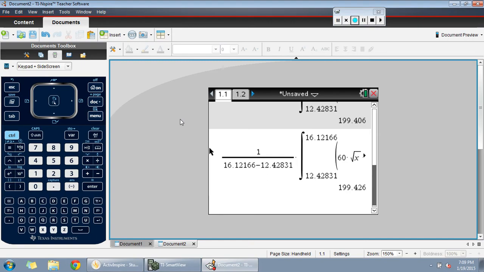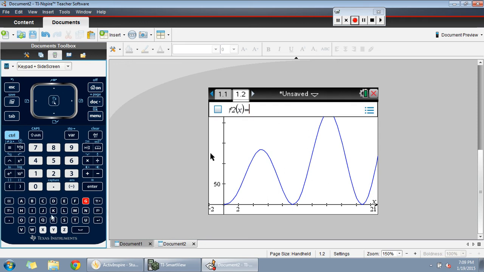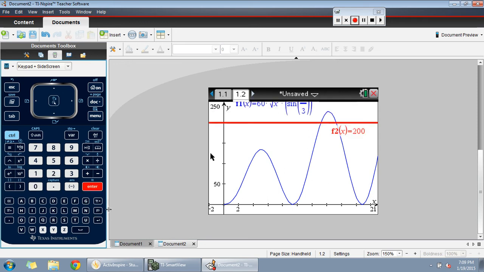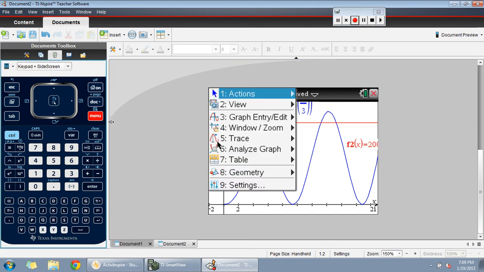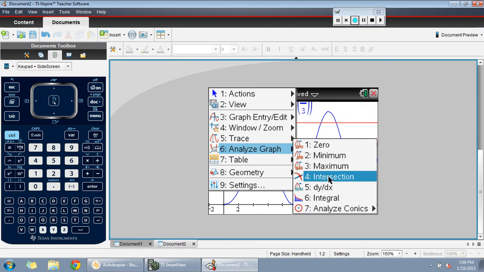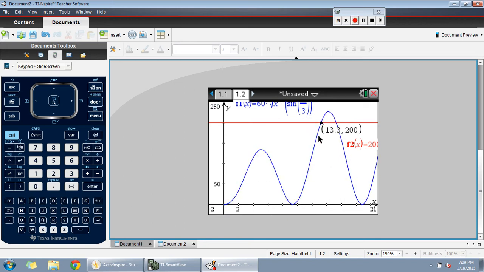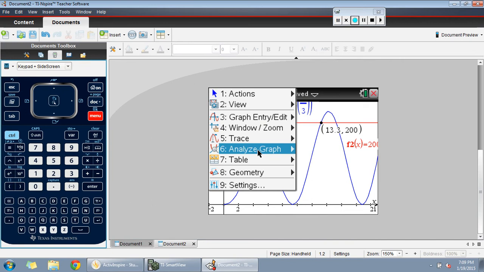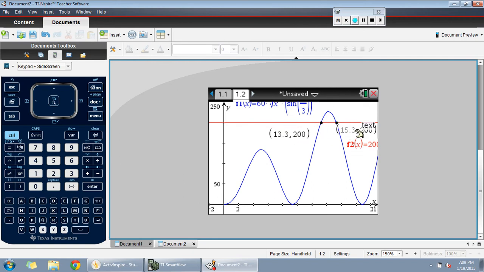So this time I'm going to do it on the Inspire, since I already showed you how to find intersections on the 84. So we've got the graph, and I'm also going to graph 200. Okay, so there we go. So we have a little bit of area here, and to find the intersection I'm going to go to Analyze Graph, Intersection, and left bound, right bound, and then for the other point, same thing, intersection, and it looks like I'm going to need to move my points.